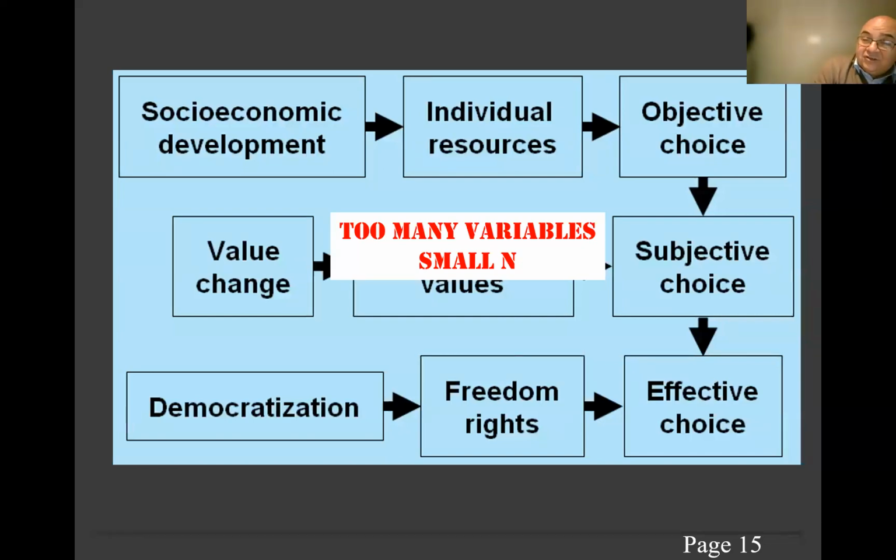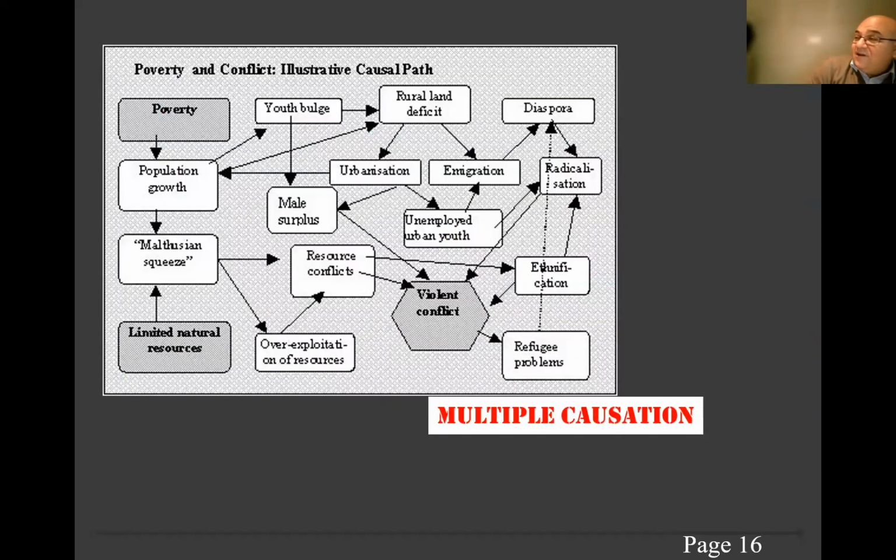And another issue is that the situation is very complicated. I love this because it's a very nice, older study, but it's very important. It was conducted in Taiwan, something like that, focusing on refugee problems. Do you see too many variables?